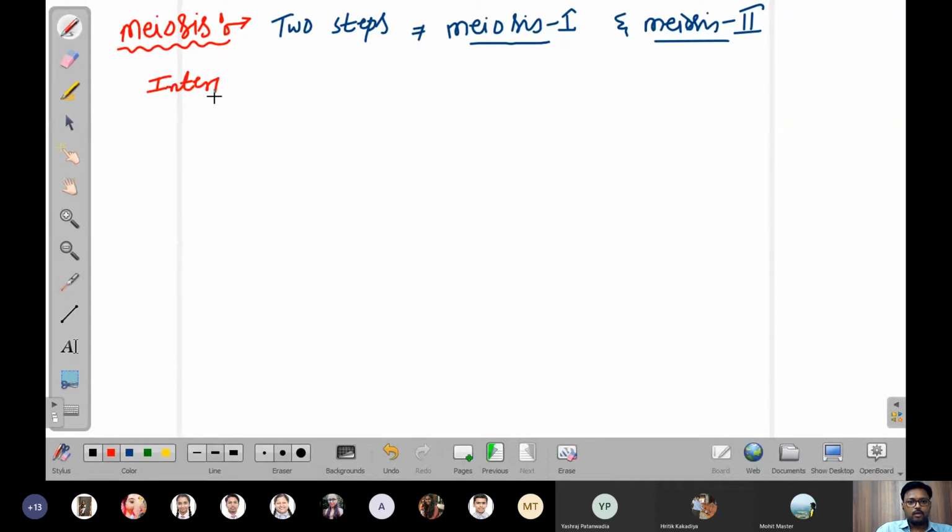Interphase includes how many steps? Three: first is G1, then S, then G2. Now what starts next?